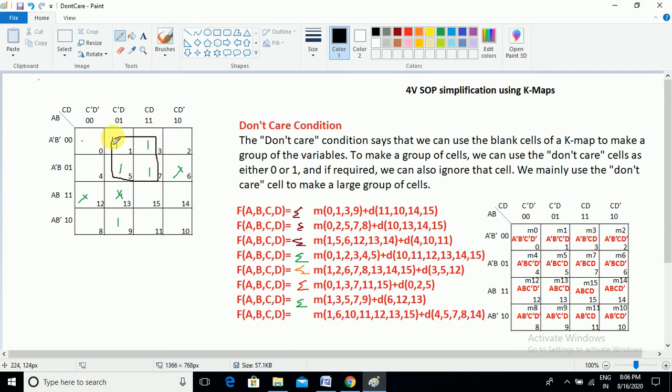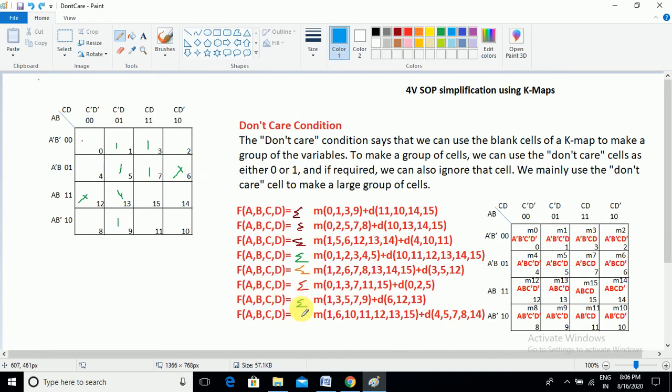Okay, done. Then next go for the ones which are not in the group. Only this one is not in the group. So if you include the overlapping and also include the don't care cell, we can create one 4 cell grouping. Yes, you can create one 4 cell group. Now 12 and 6, we should leave them, because we should not create a separate group for the don't care cells. This is the answer for the given problem.